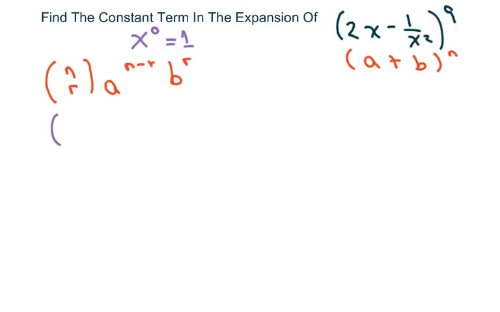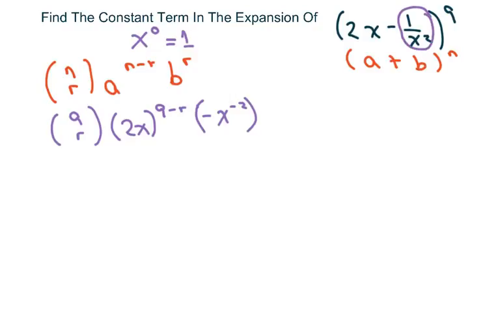We know our n is 9. We don't know r. That's what we're going to have to find. My a is 2x to the 9 minus r, and my b is negative x to the negative 2. I'm just rewriting this as x to the negative 2, and then this is to the r power.